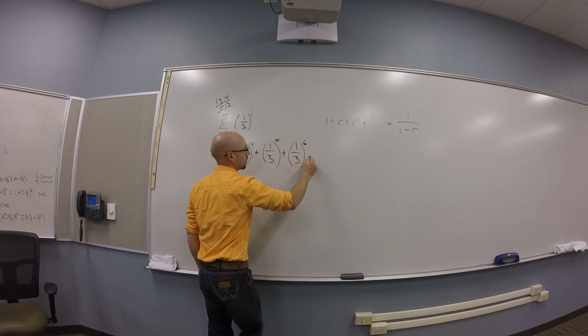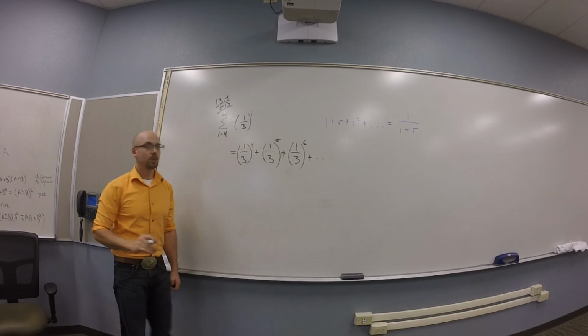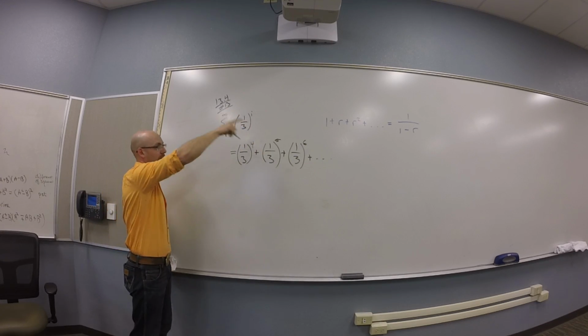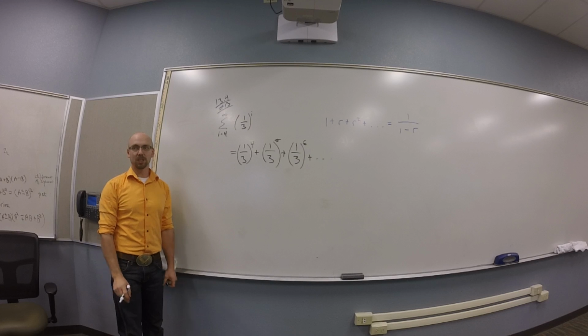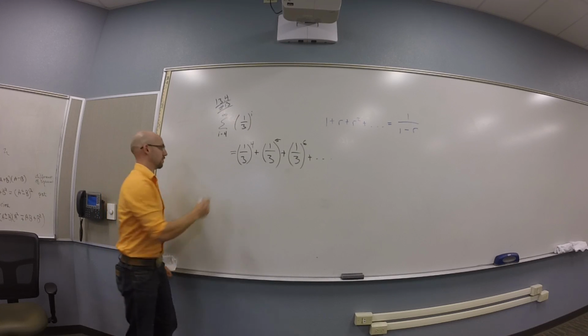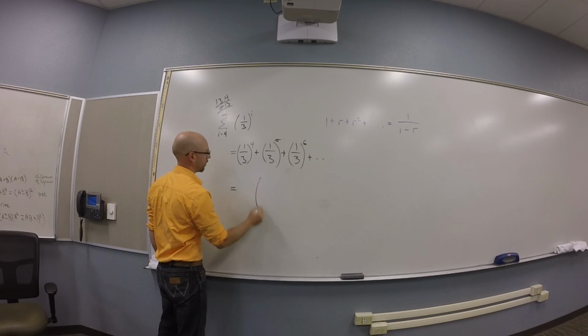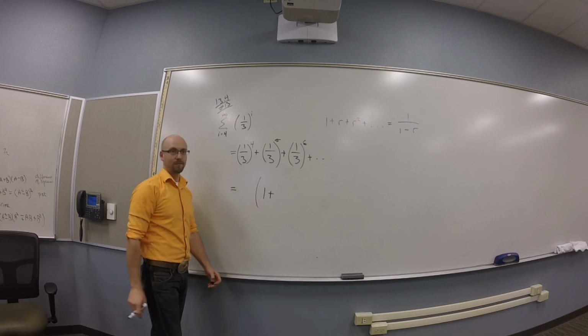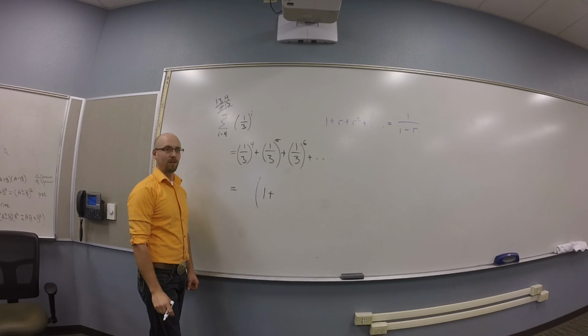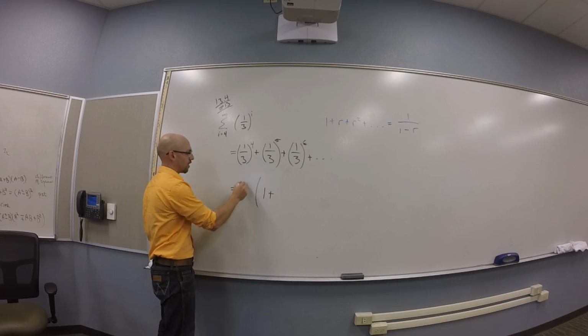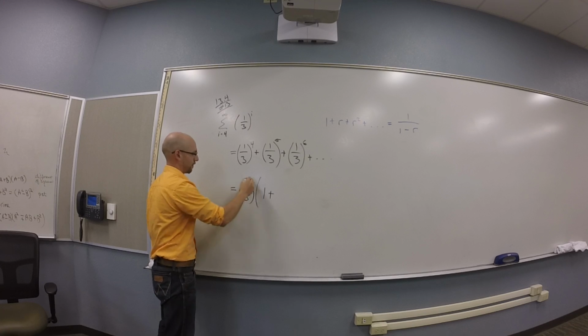Plus 1/3 to the 6th. Okay, so I need to make this look like that, which means it needs to start with 1. So what do I factor out so that it starts with 1? Factor out what now? Yeah, factor out a 1/3 to the 4th.